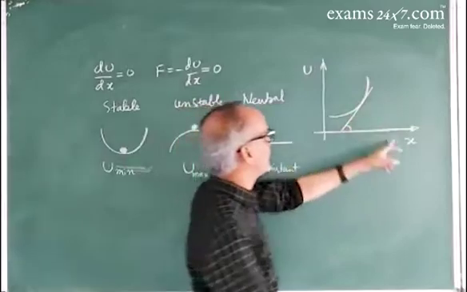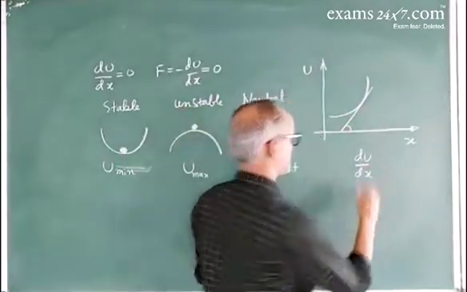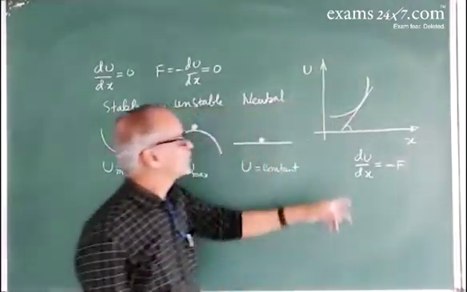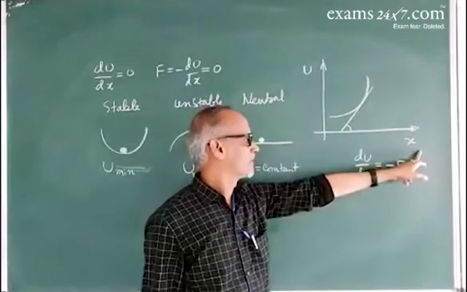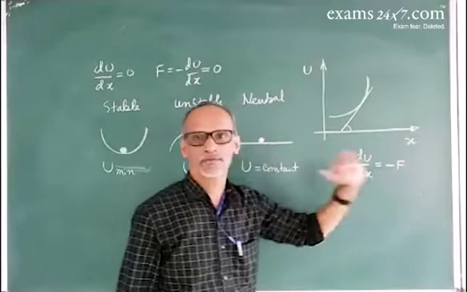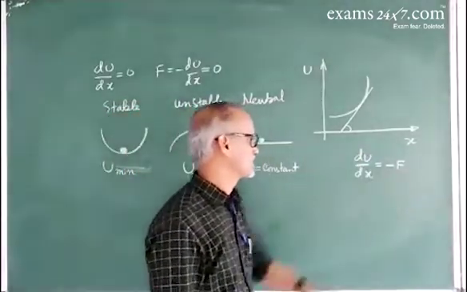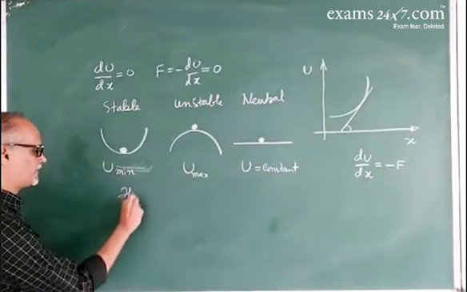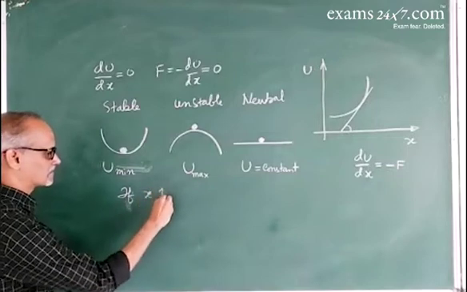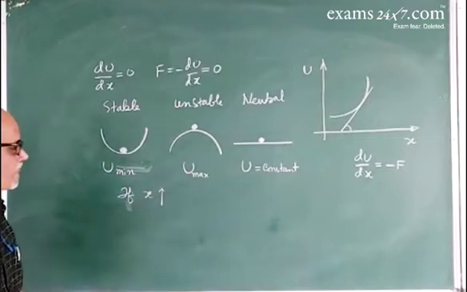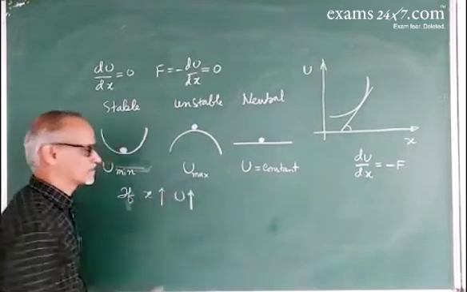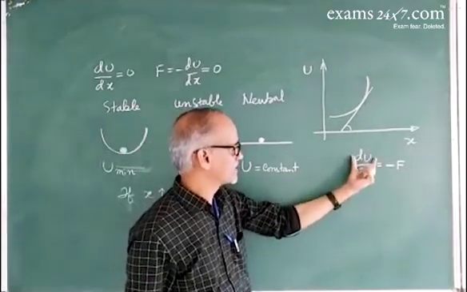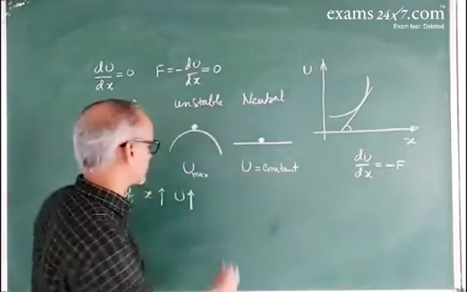The slope here is du by dx, and that du by dx is nothing but minus F. So the slope of the energy versus x graph gives the negative of the force. du by dx is equal to minus F. Now if x increases and if U also increases, then both are positive. The force becomes negative, F is negative.